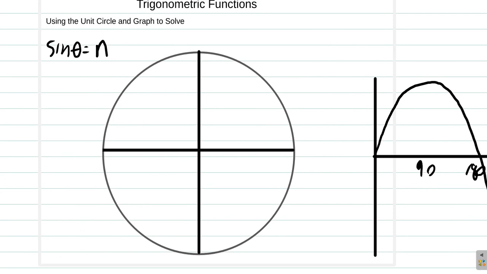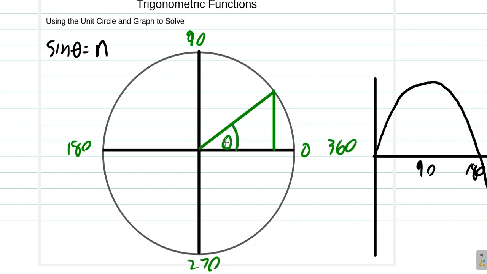Just as a matter of revision, this is our triangle. You remember that angles are measured from 0 in an anti-clockwise direction. This is 0 degrees, 90 degrees, 180 degrees, 270 degrees, 360 degrees. This is theta. Opposite over hypotenuse. This is our opposite, and this is our hypotenuse. Opposite over hypotenuse will give us n.